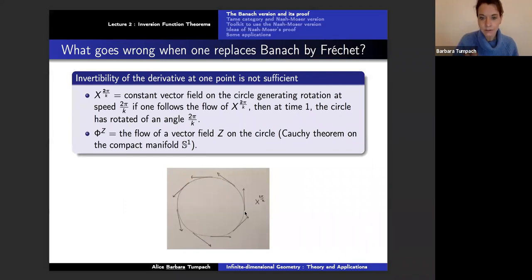So constant vector fields on the circle with velocity such that if you rotate the circle at time t equal to 1, you have a rotation of angle 2π over k. Okay, constant vector fields with a small velocity. For notation, phi will denote a flow on this manifold S1.